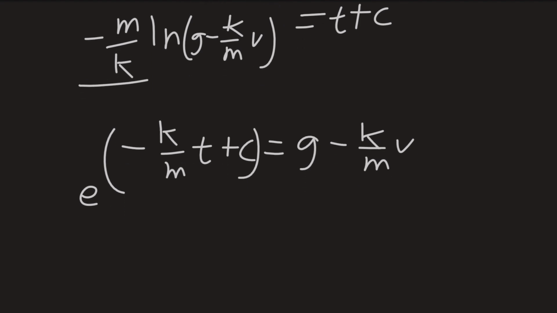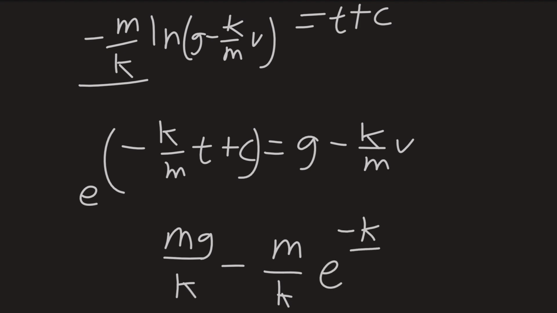What we have is mg over k minus m over k e to the minus k over m t, and we're going to have a constant c out front.